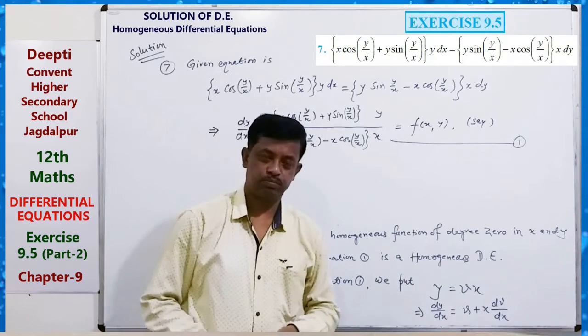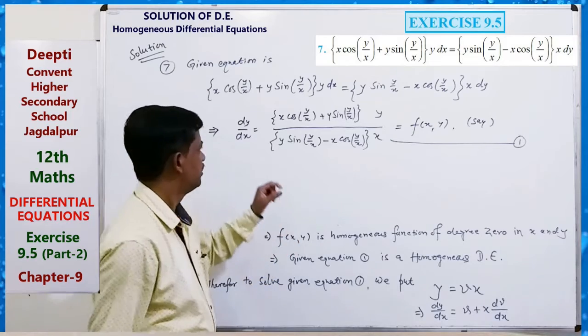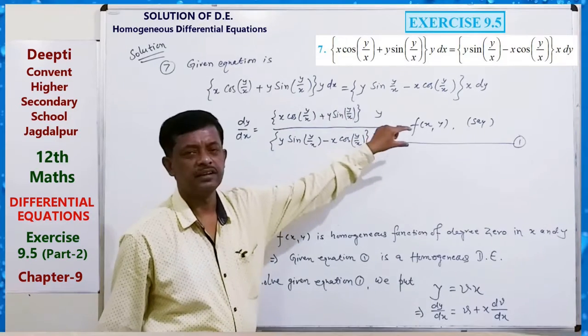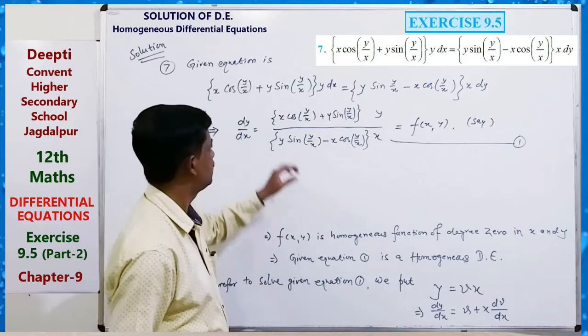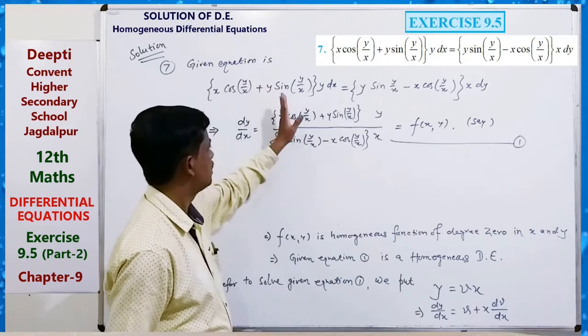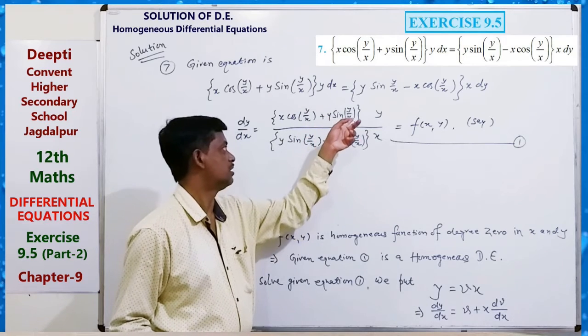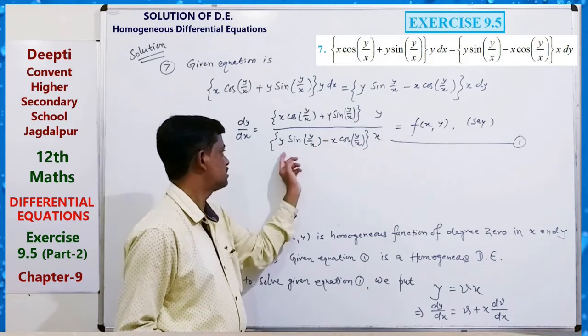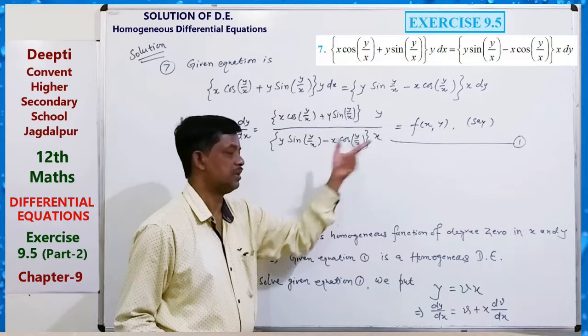For proving a homogeneous equation, here we can also write by dividing the numerator and denominator by x. Then we get x cancelling out, cos y by x plus y by x combination sin y by x, and y by x sin y by x minus cos y by x.